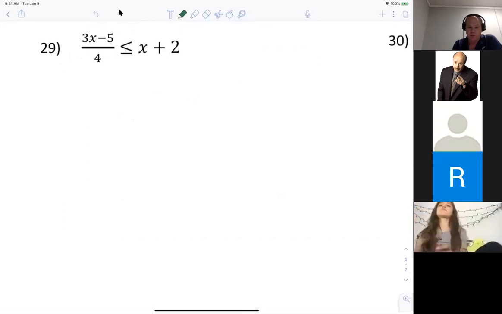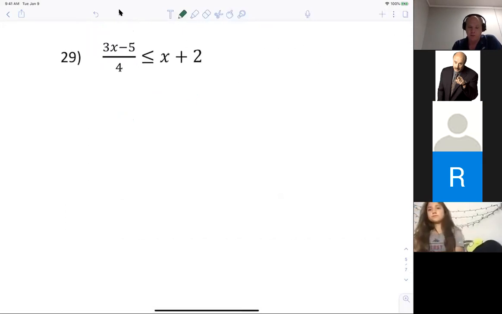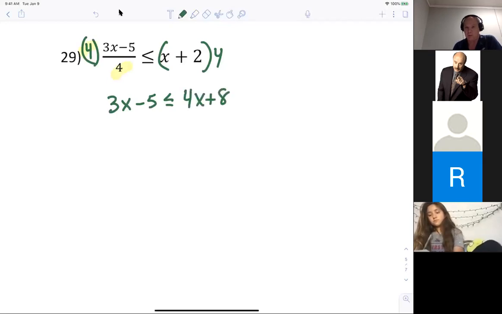Now, again, 29 is not bad. It looks like we have to get rid of the fraction, right? So just remind yourselves, if you have divided by 4, we're just going to multiply both sides by 4, and that will eliminate the fraction. So now I just have 3x minus 5 less than or equal to 4x plus 8. Now we worked hard on mental math, okay?